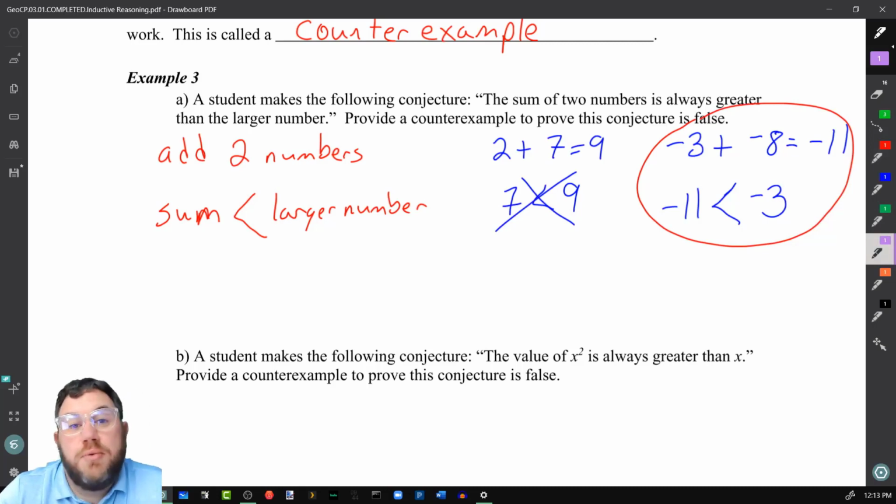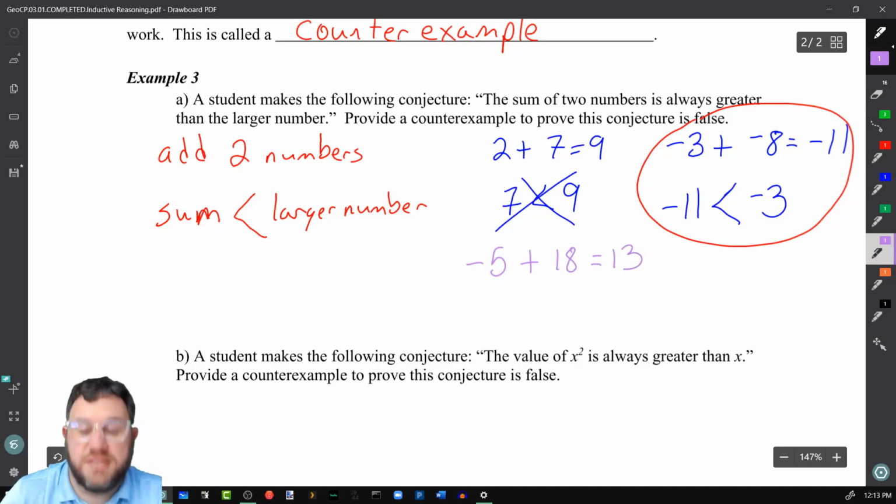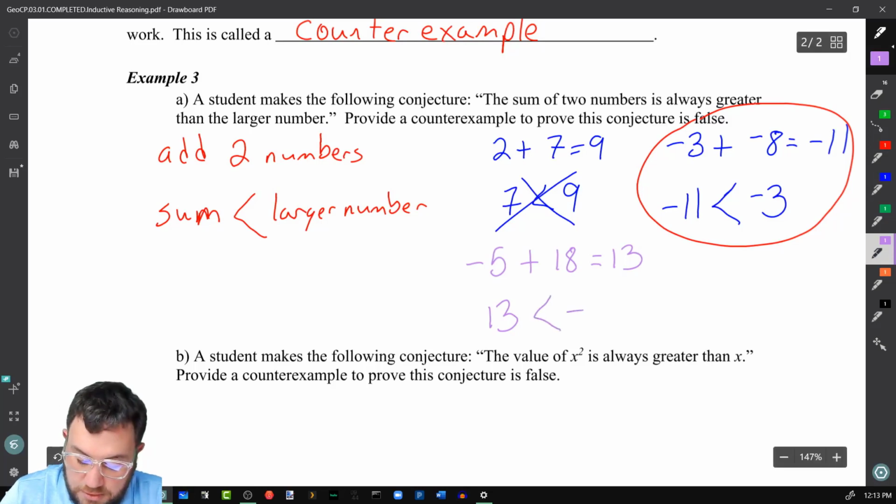And we only need one, so we're really done. But just to show you, we could have not 2, we already used a 2. Let's just try -5 and 18. If we added those two together, we'd get +13. And there our sum is, let's see here. The greater number would be 18.